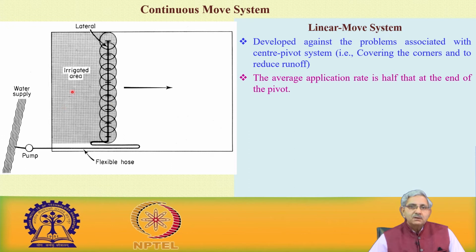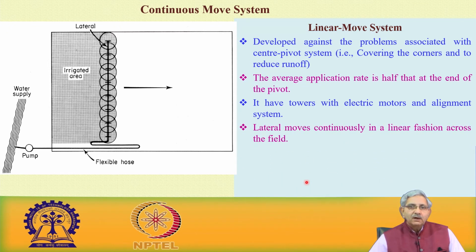So this is the arrangement where you can see how the laterals are moving from one place to another, and the average application rate is half of that of the end of the pivot. It has towers with electric motors for alignment. The lateral moves continuously in a linear fashion, as the name says, a linear move.